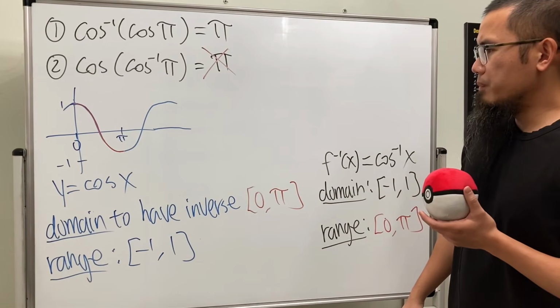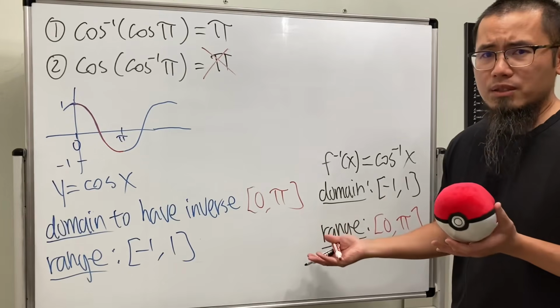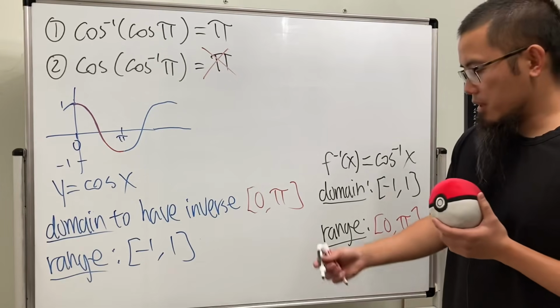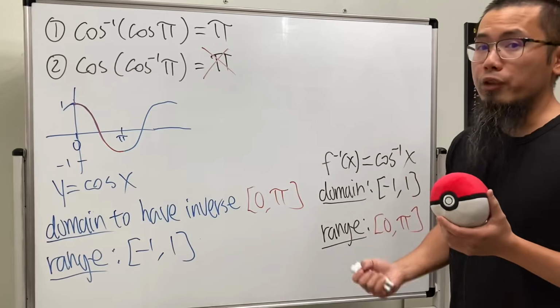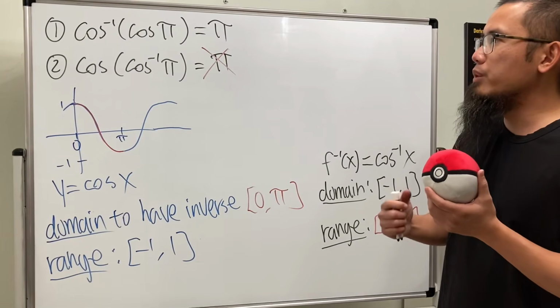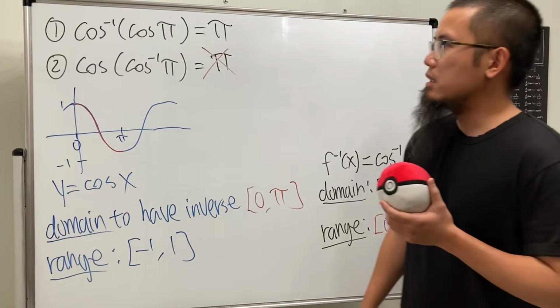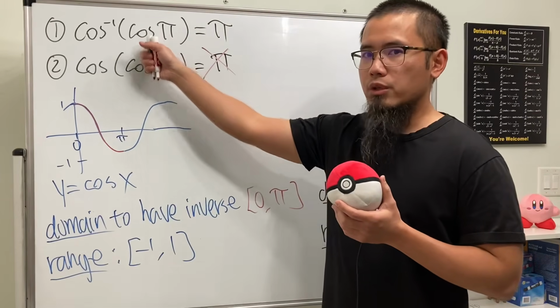Okay, then how are we going to utilize all this? Here's the thing. It depends on the order of how we do the composition of the functions. This right here has the original cosine inside.